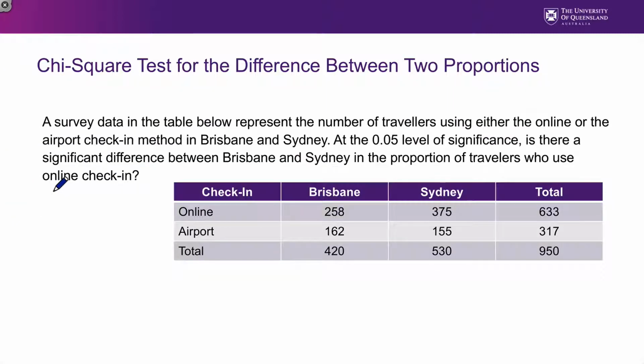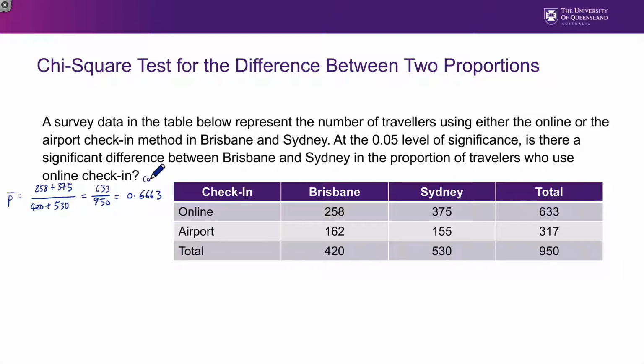So the first thing we want to work out is what our p-bar is. And p-bar in this case is used to estimate the population proportion of passengers in Brisbane and Sydney who will check in online. So 258 plus 375, that's the number of travelers checking in online, divided by 420 plus 530, that's the total number of travelers, and that will give you 0.6663.